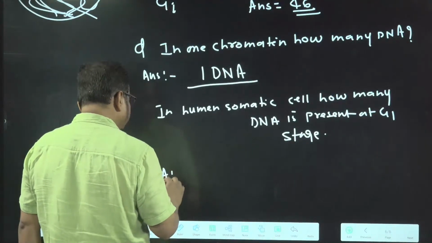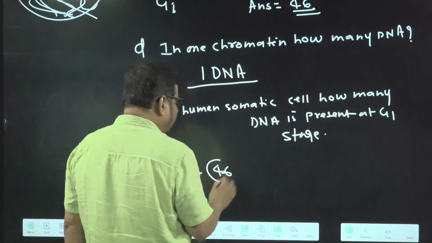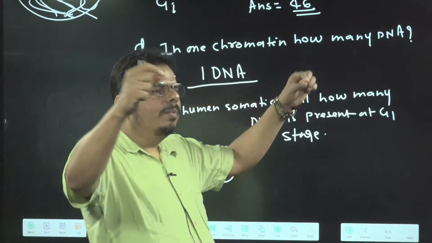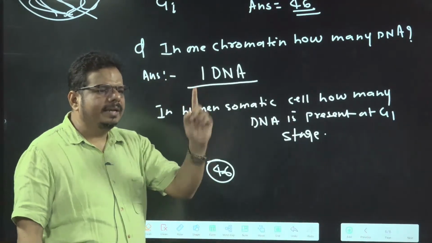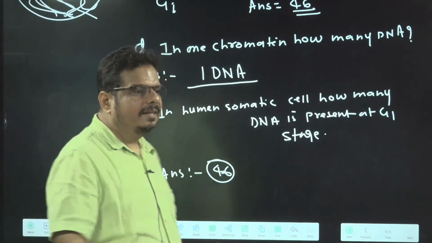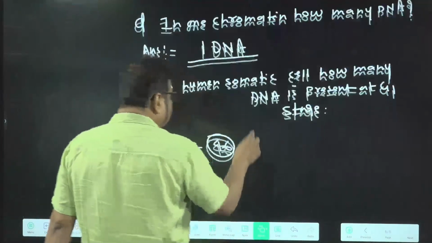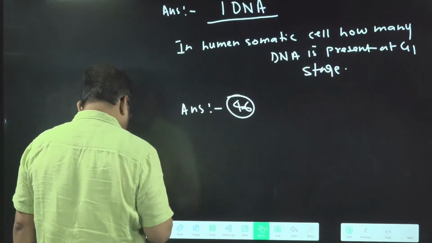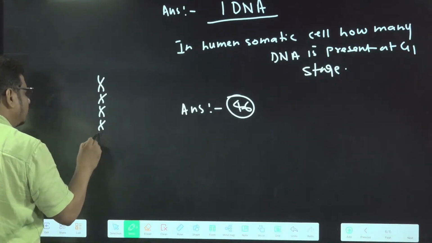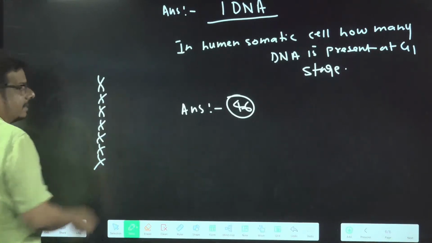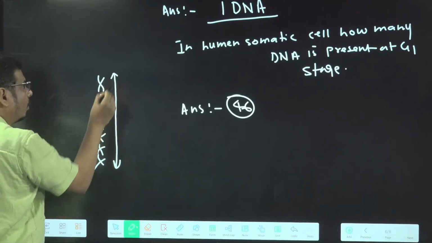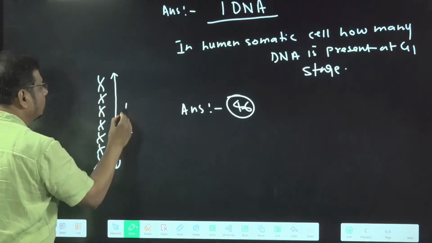The answer is 46 DNA, because 46 chromatin are there and each chromatin has one DNA. Now NCERT wrote a line: when you arrange all 46 DNA in a line, one after the other, the overall length comes to approximately 2 meters.